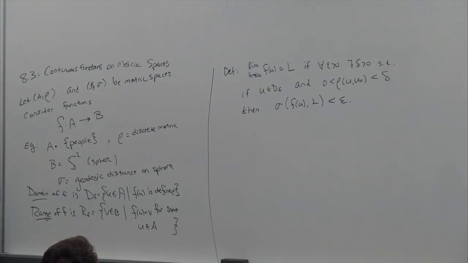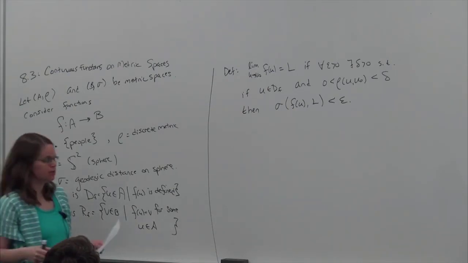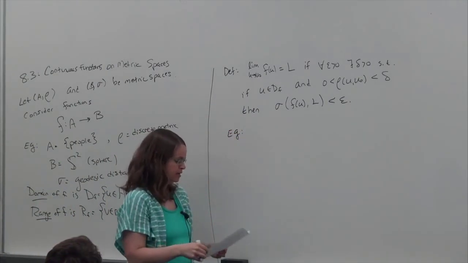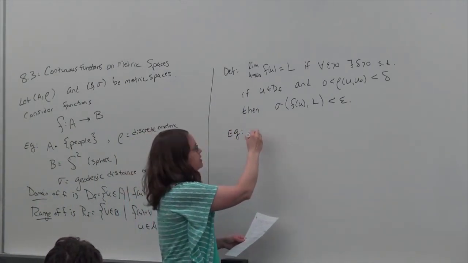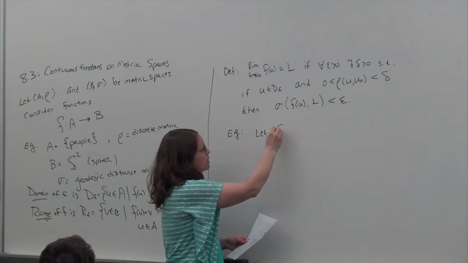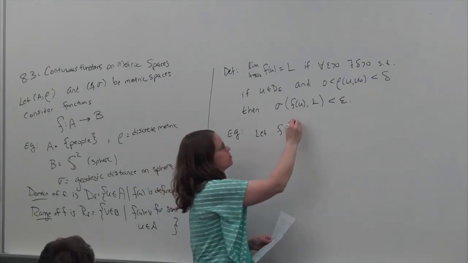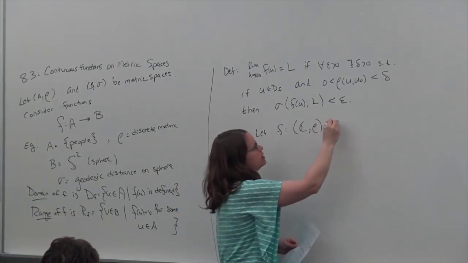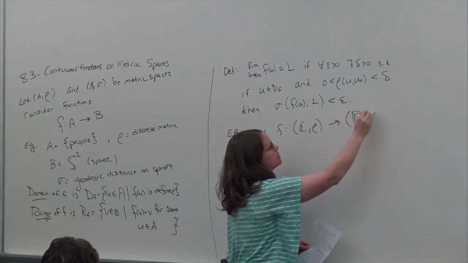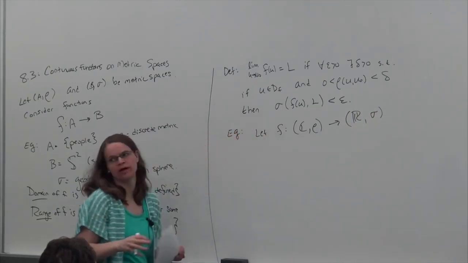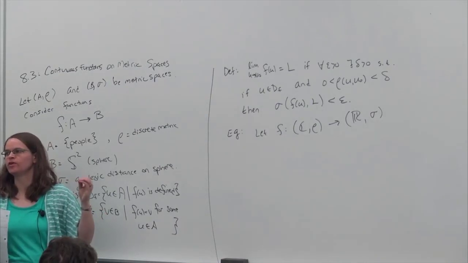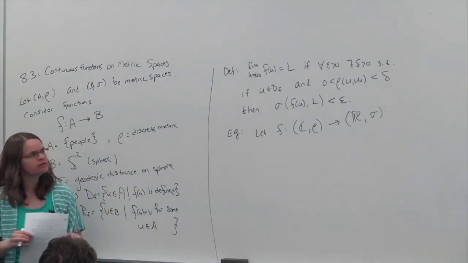Right, and again, the problems are the same. You just have to write things in the language of metrics. So we'll just do a quick, easy one. So let's suppose that f takes the space of complex numbers with some metric, which I'll tell you in a second, to the space of reals. Okay, so it is a real valued function. What we're just going to worry about is making sure we write this all in the language of metrics.